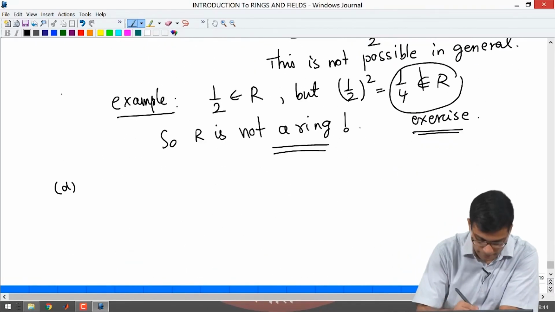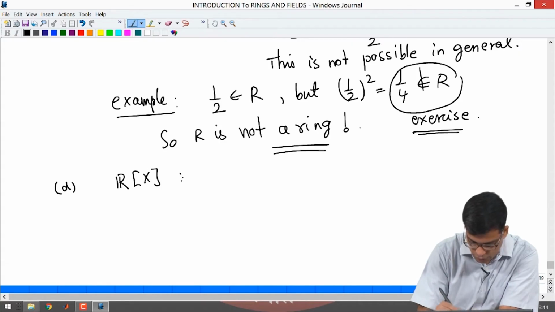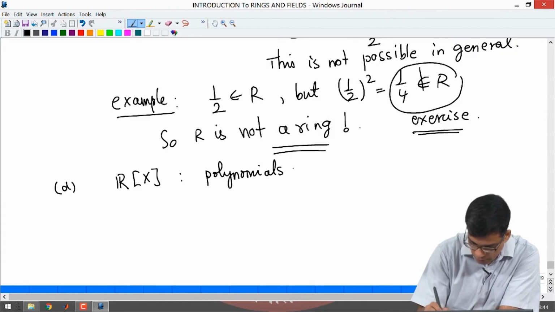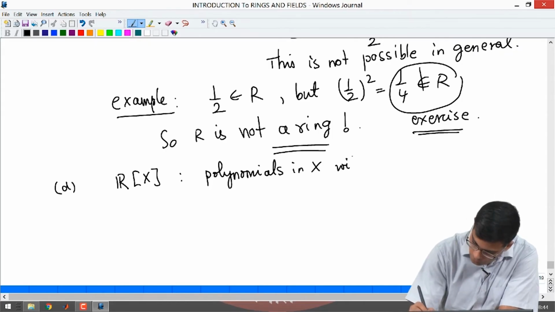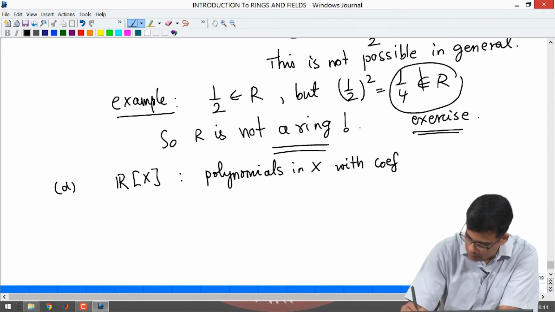Now, let us look at, let us say, a polynomial ring, right. So, this is polynomials in X with coefficients in R, right.